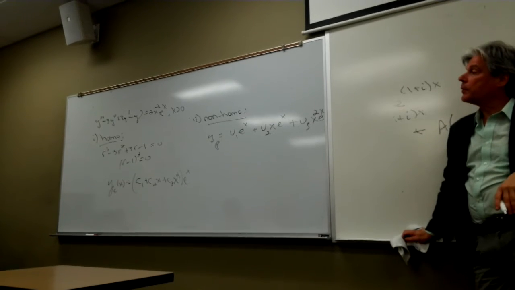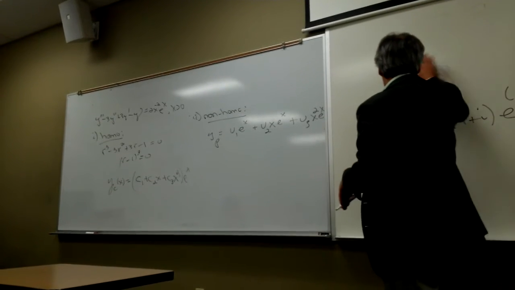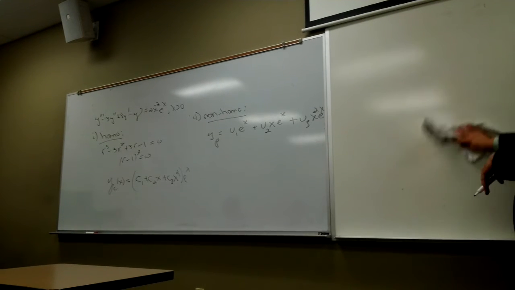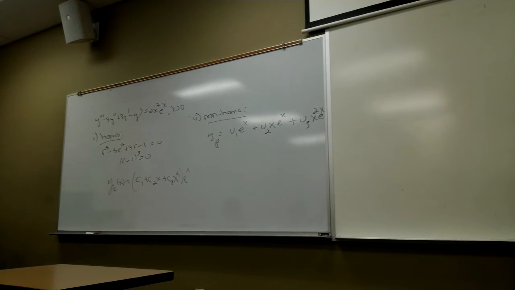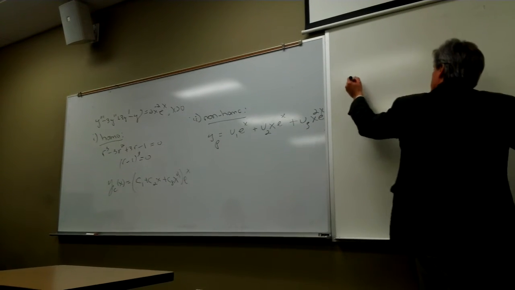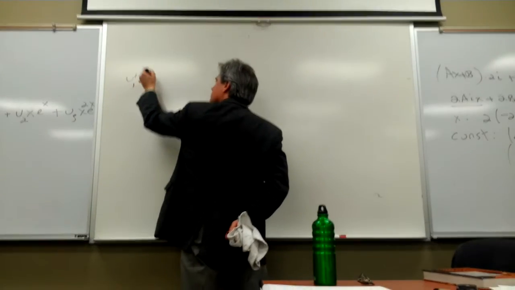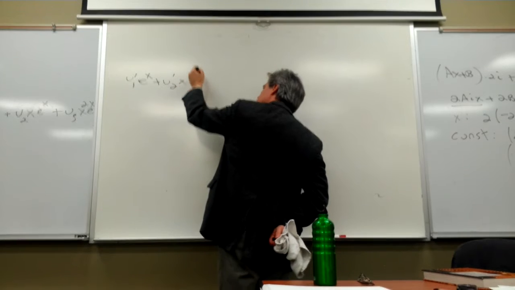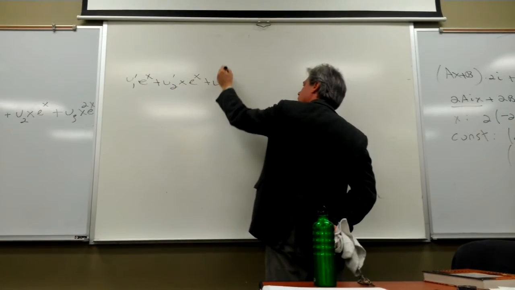Now that may be what my trial particular solution looks like. But I think it's going to have to satisfy a whole system of equations. The system it's going to satisfy is the following: u1 prime times y1 plus u2 prime times y2 plus u3 prime times y3.